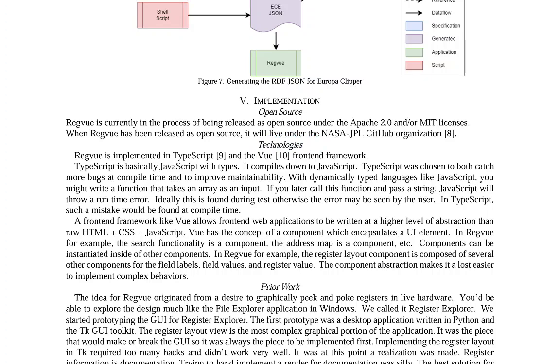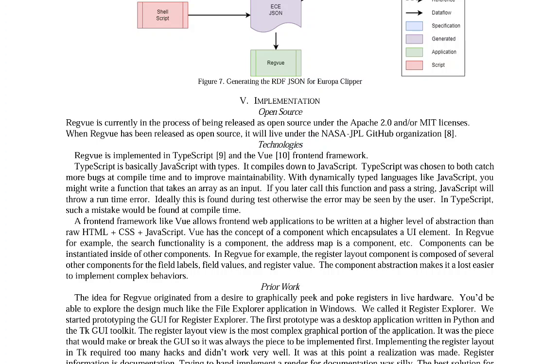A front-end framework like Vue allows a front-end web application to be written at a higher level of abstraction than raw HTML plus CSS plus JavaScript. Vue has the concept of a component which encapsulates a UI element.